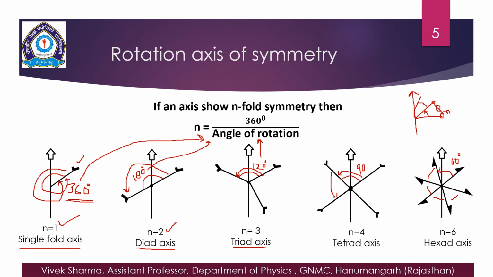Again, after phi n angle, there must be some lattice point. After phi n angle, there must be some lattice point. So it's a very generalized result that the angle of rotation also represents the configuration or the arrangement of the lattice points in space. So on the basis of this, we can redefine the whole concept of axis.